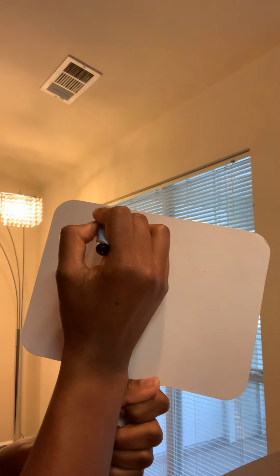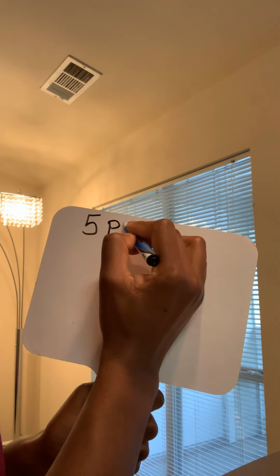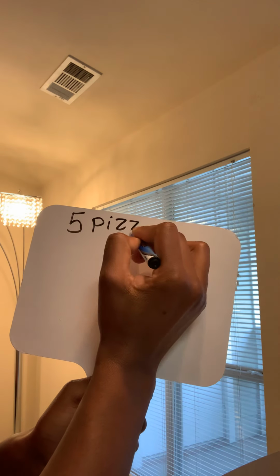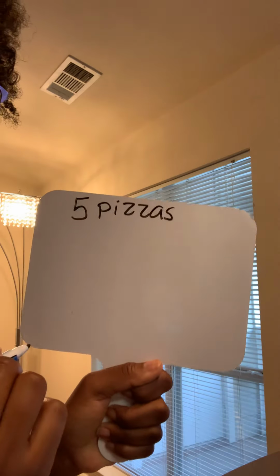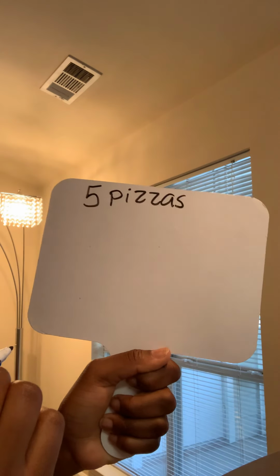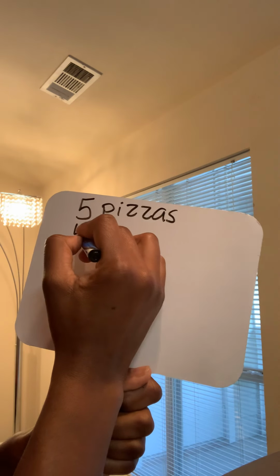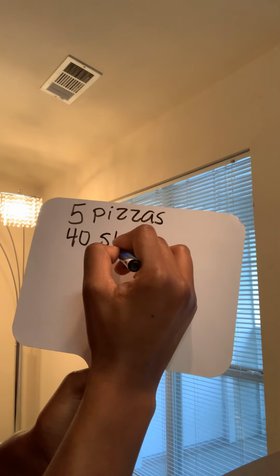So within our word problem, I always tell you to underline the information that's given to you. In this case, I'm just going to write it on the board for us. We know that there are a total of 5 pizzas. And these 5 pizzas are being shared between 40 students.